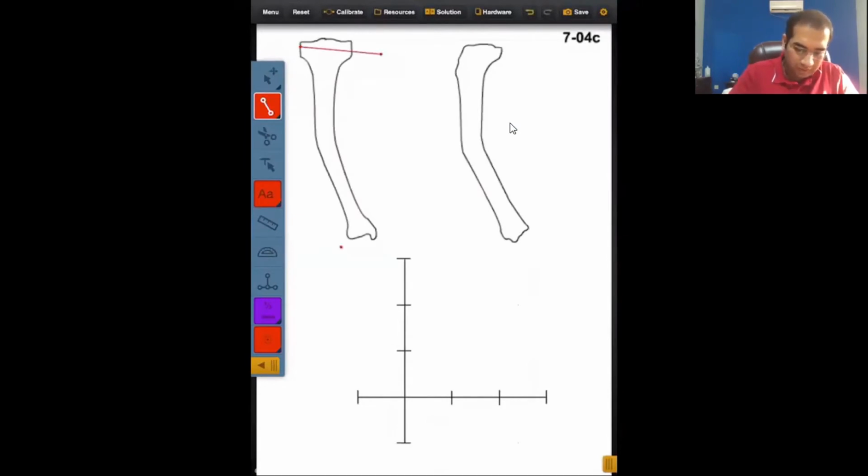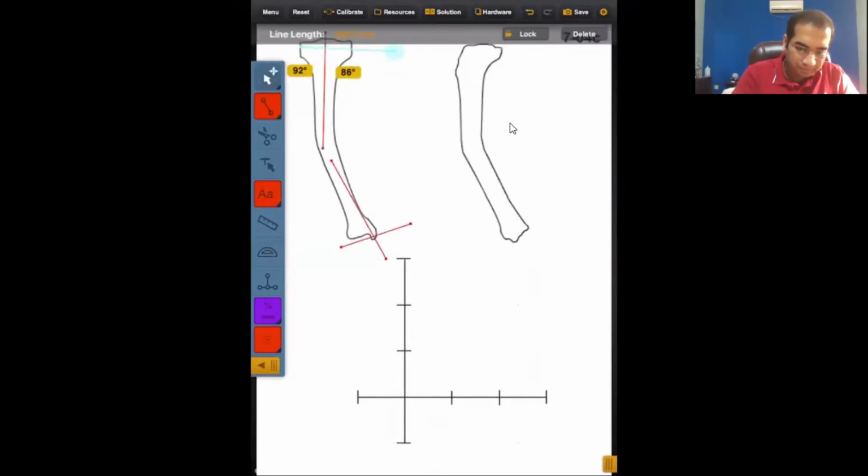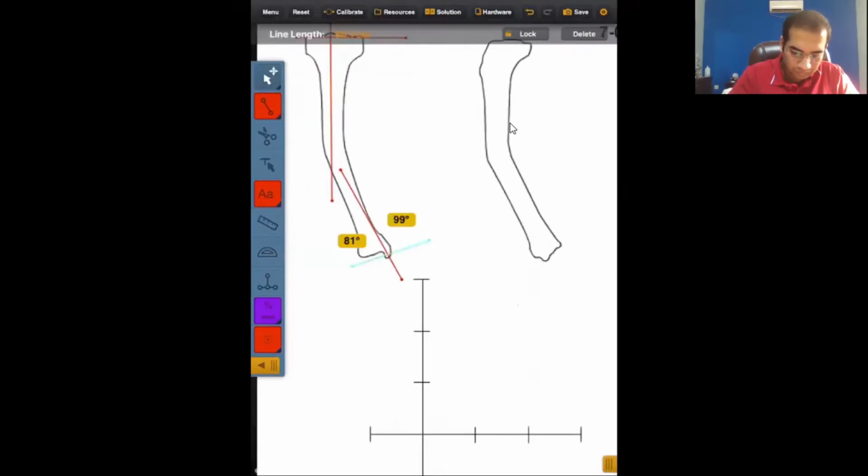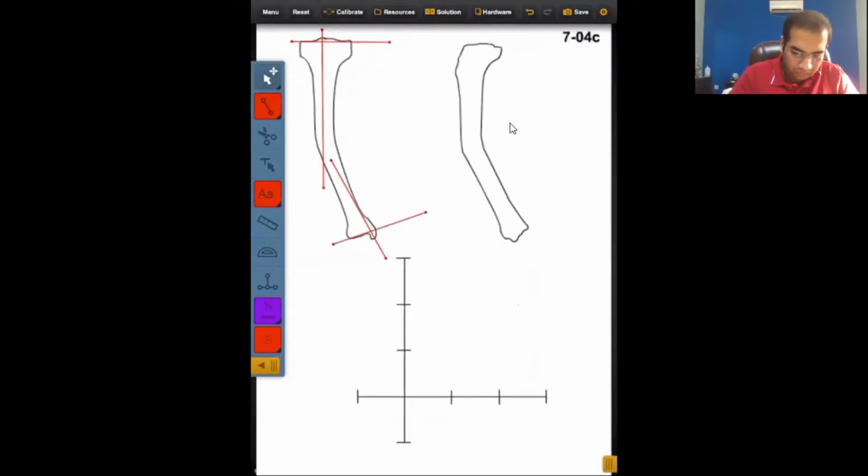Again, what we're going to do is the same. As you can see, the magnitude of the deformity here is 23 degrees.